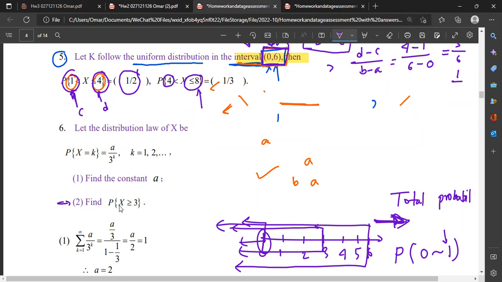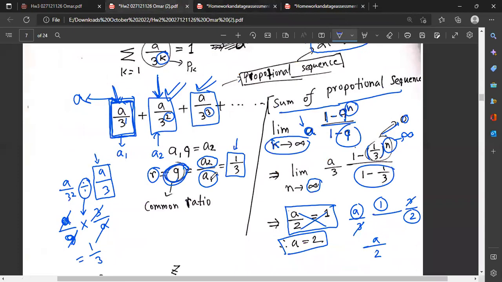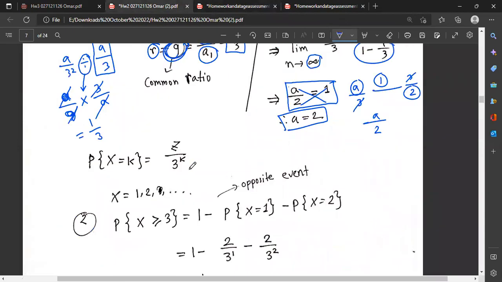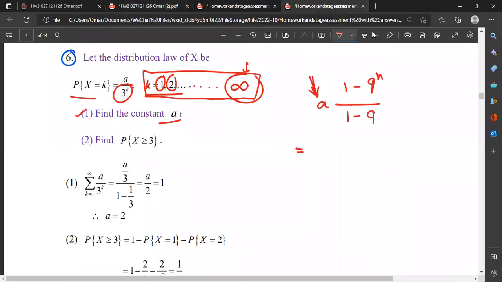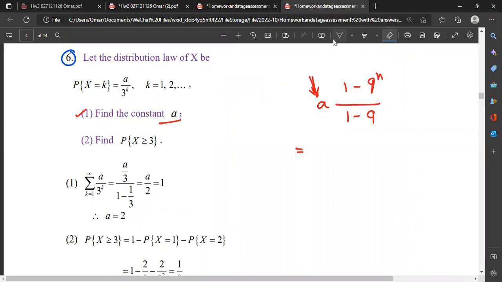And now let's find when probability of x is greater than or equal to 3. This is the opposite event, because we only have the values 1 and 2, right? If I somehow calculate from 3 onwards, we have a lot of parts here, a very long calculation. So we can simplify this.